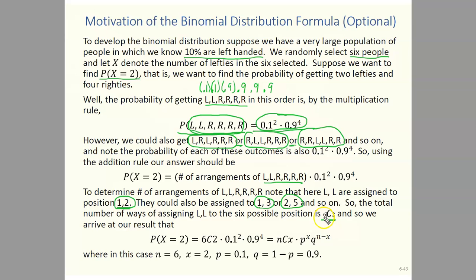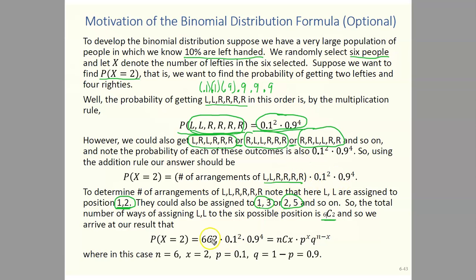Oh, and one other thing: once we assign the left-handed people to their positions, the right-handed people just fall into the remaining slots. So we don't have to worry about where we assign the right-handed people. We only assign the left-handed people, then the right-handed people are automatically assigned to the remaining open slots.